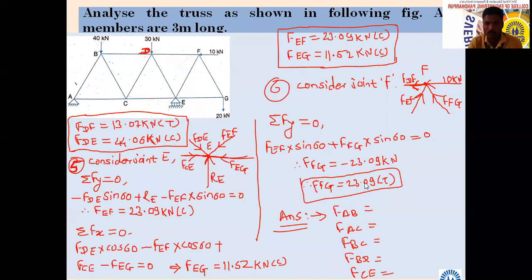Suppose in a truss only limited elements are given and we are supposed to find the forces in limited members, then we go for the method of section. If we have to find each and every member, then we go for the method of joint. When to use which? If forces in all members are to be found, the method of joint; if forces in only certain limited members are to be found, the method of section. It is also easier than this.